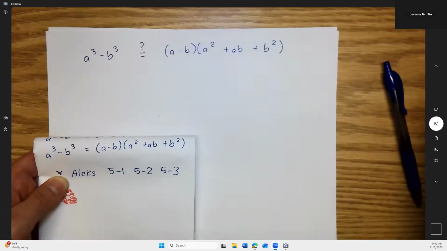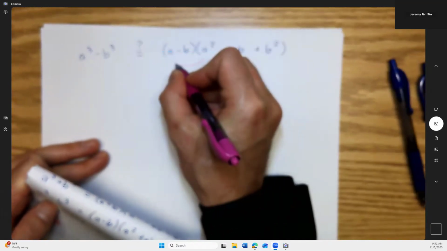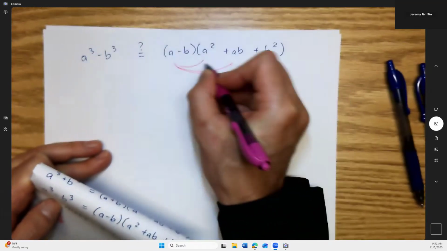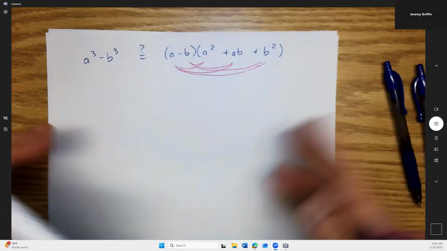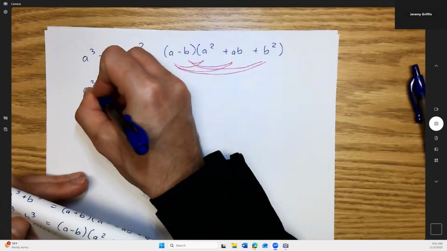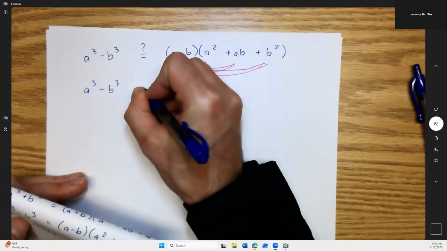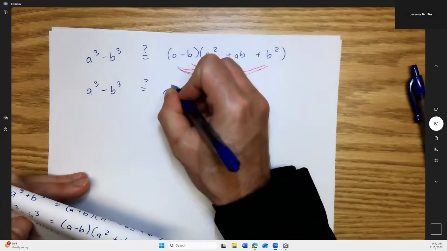Well, I sometimes call this a superfoil. It's like distribution. So this A distributes here, here, and here. This B distributes here, here, and here. We're going to expand this out to 6 terms, then clean it up. It should match a cubed minus b cubed, but we're going to find out. A times A squared is A cubed.